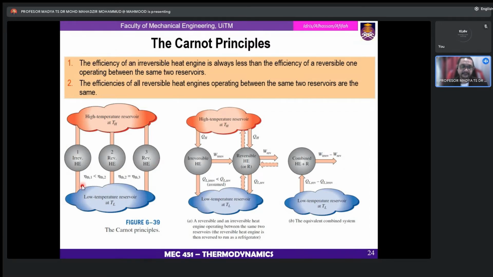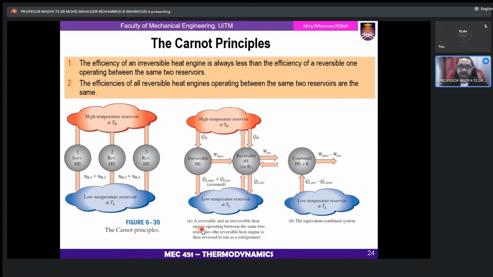The principle says that the efficiency of the irreversible heat engine, that means the actual process of heat engines, must be less than the efficiency of the reversible one when operating between two reservoirs. Numbers two and three are the same because these two use the reversible heat engine or reversible Carnot cycle.